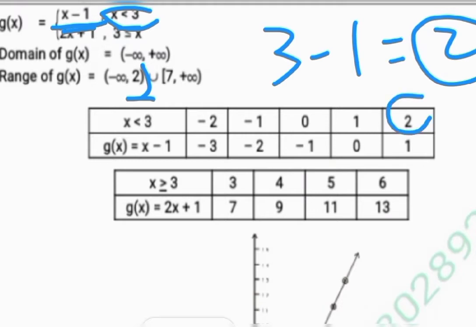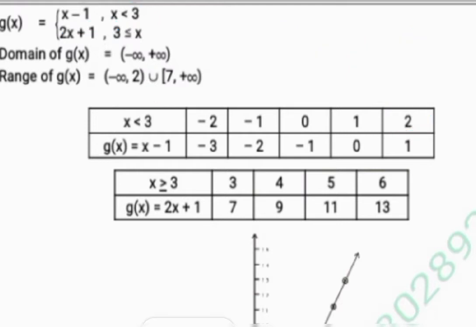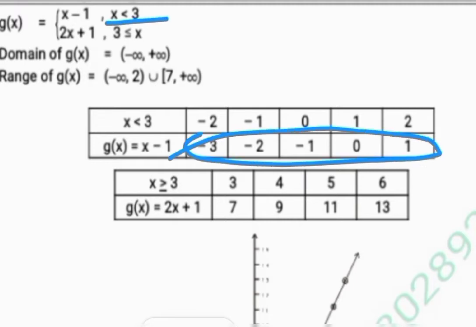If we put values of x less than 3 as told in the question, the answers are decreasing, and this process will continue till minus infinity, as there is 1, before 1 there is 0, before 0 there is -1, before -1 there is -2, and before -2 there is -3. This value is decreasing, these are the range, and it will continue till minus infinity.